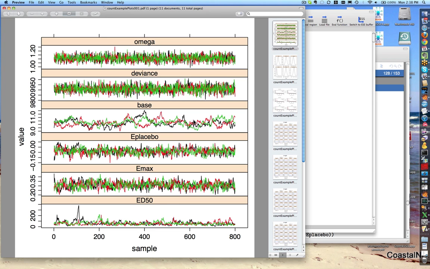So you've got a pretty good hint here that even though the three chains are kind of intertwined, and so it's not suggesting a really gross convergence problem, we almost certainly don't have enough to have good precision for any inferences about that baseline parameter. So that's an issue that I see in that.